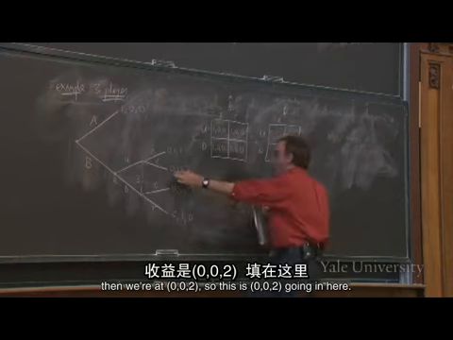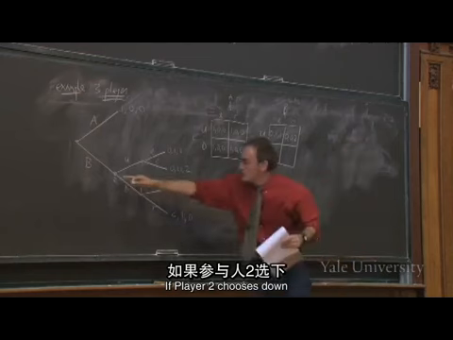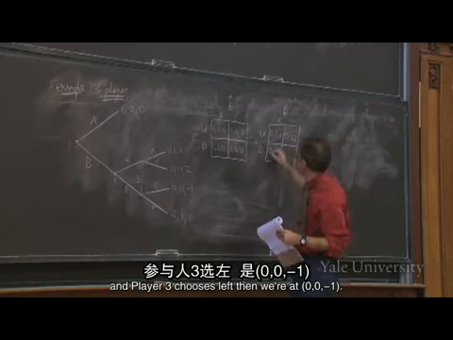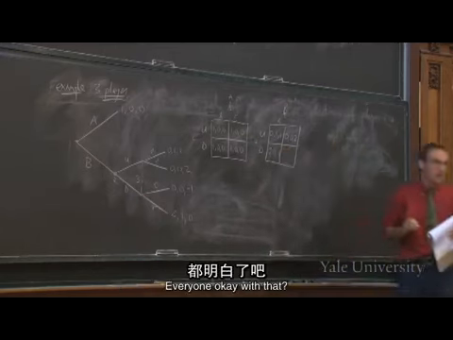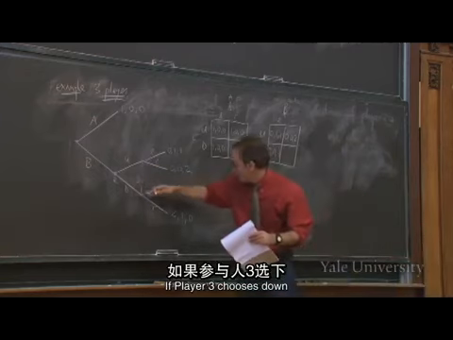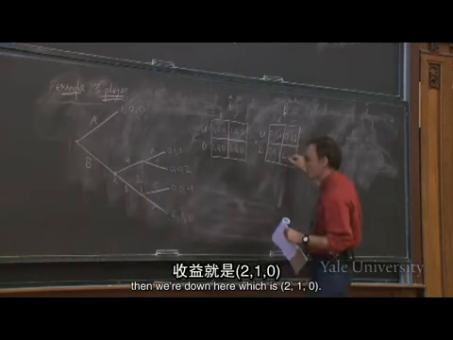All right, so this is 0, 0, 2 going in here. If player 2 chooses down and player 3 chooses left, then we're at 0, 0, minus 1. Everyone okay with that? And if player 2 chooses down and player 3 chooses right, then we're down here, which is 2, 1, 0.